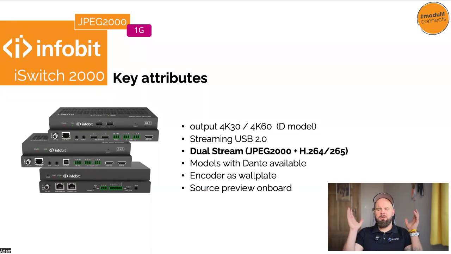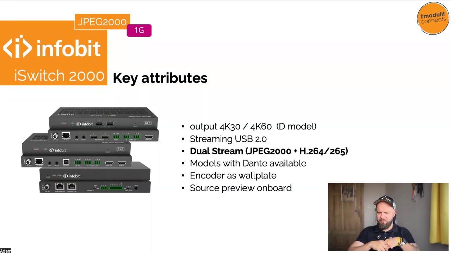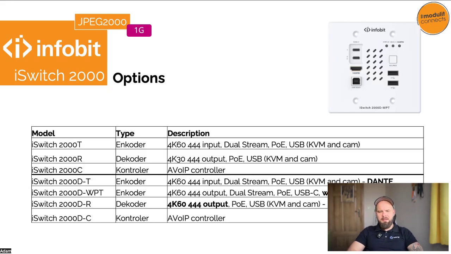So you can have the best possible quality mainstream and the secondary stream, which will be H.264, to allow, for example, a specific user a preview. This is the selection of models you can get here. There is a wall plate version, which is quite good, and also Dante versions if you need it.